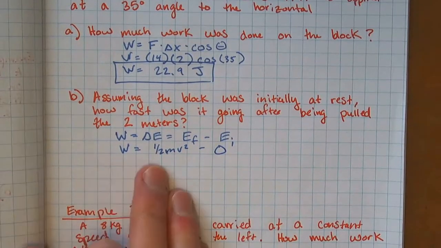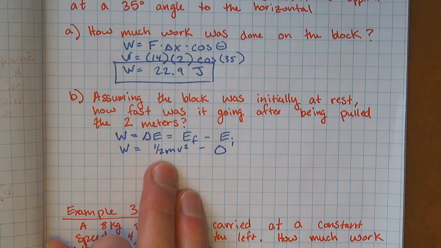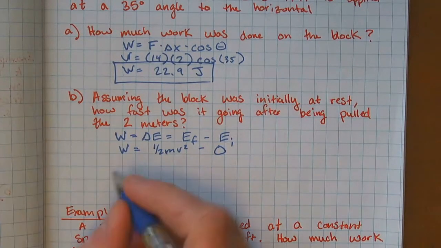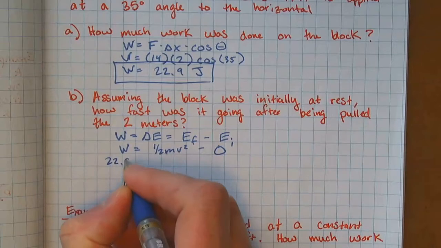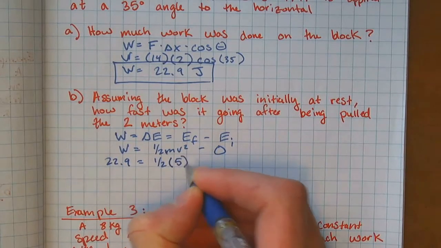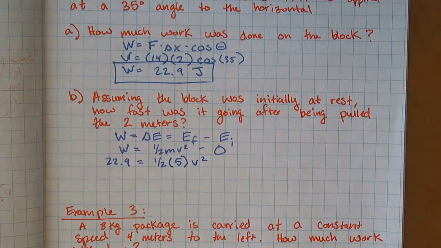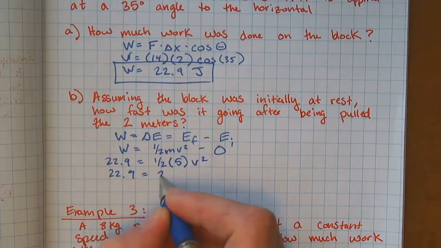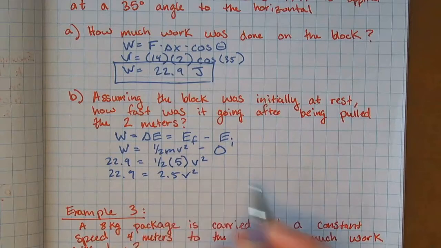So basically the work is equal to the amount of kinetic energy the object has, because all the energy that we put in is going to become kinetic energy. We put 22.9 joules of energy in. We know that the object is a 5 kilogram block and we're looking for the velocity. So we've got 22.9 equals 2.5 v squared.